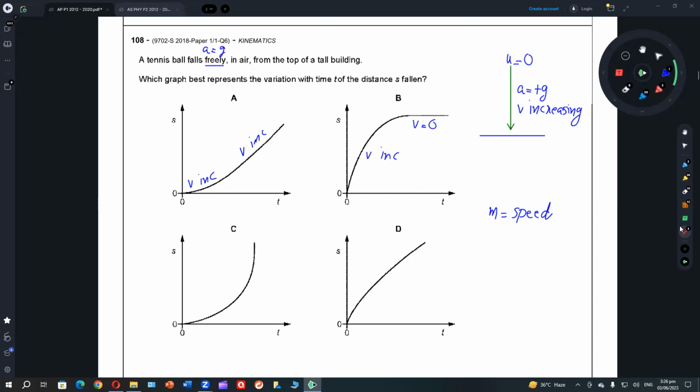So if it is falling with a constant acceleration of g, won't the velocity also be increasing at a constant rate? Velocity is increasing at a constant rate. Okay, so B and D can be wrong because they're showing a decrease in the velocity.